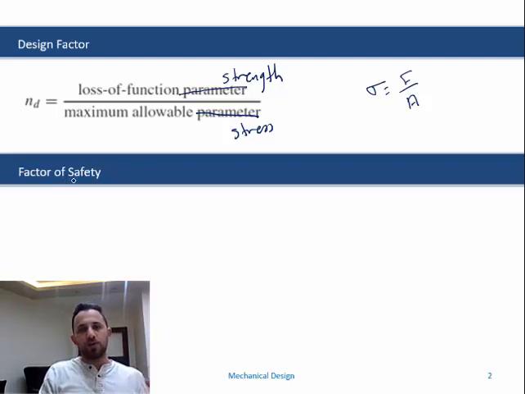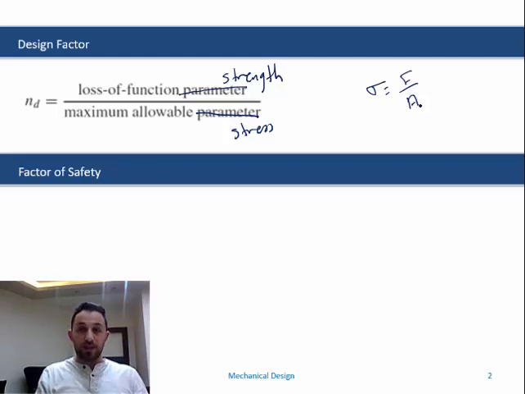Because let's assume you computed the stress based on given dimensions, and you found out that the diameter of the shaft, let's say, is equal to 47 millimeter. We said that you shouldn't order such kind of dimensions.